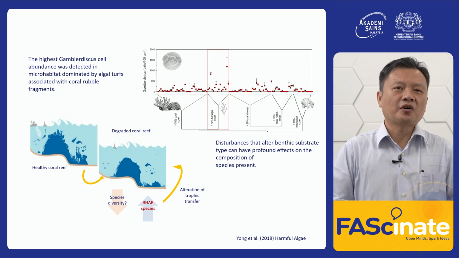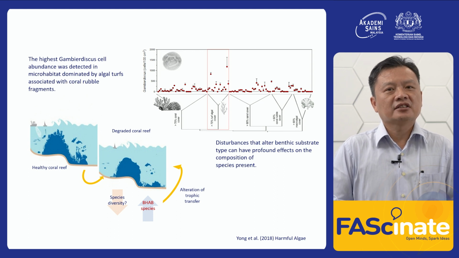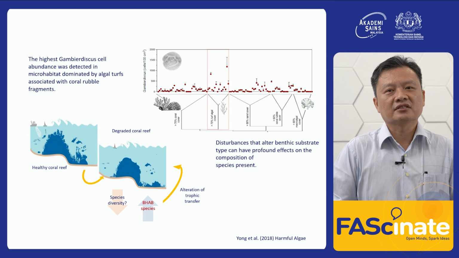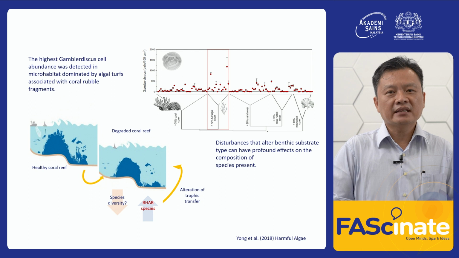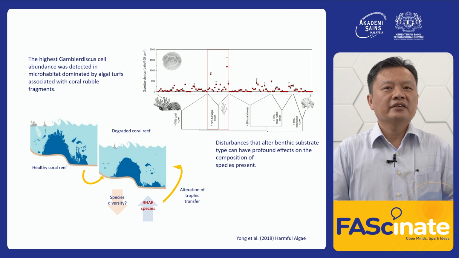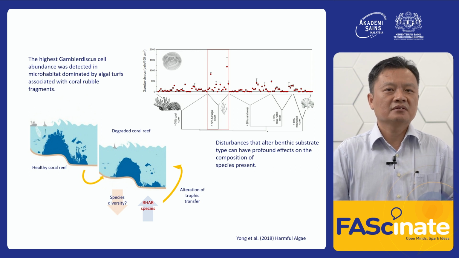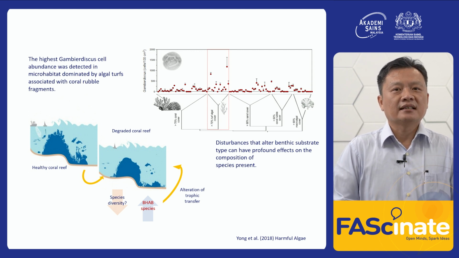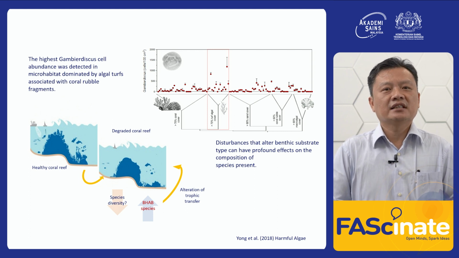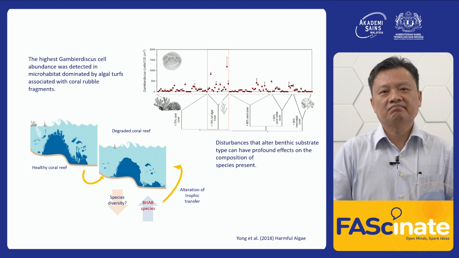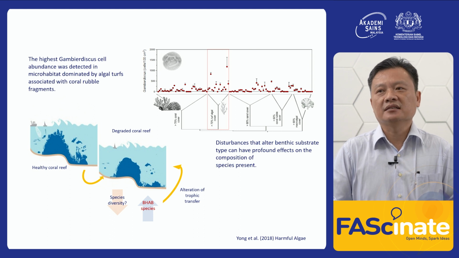Thanks to the funding support from the True Science Fund and International Collaborative Fund from the Ministry of Science, Technology and Innovation for this work, we had the funding and opportunity to conduct benthic habitat research in the coral reef ecosystem in Perhentian Island. In this study, the higher toxin producer, Gambierdiscus, in terms of cell abundance, was detected in microhabitats dominated by turf algae associated with coral rubble fragments, in 86% of total samples in zone 2, the one highlighted in the red box.